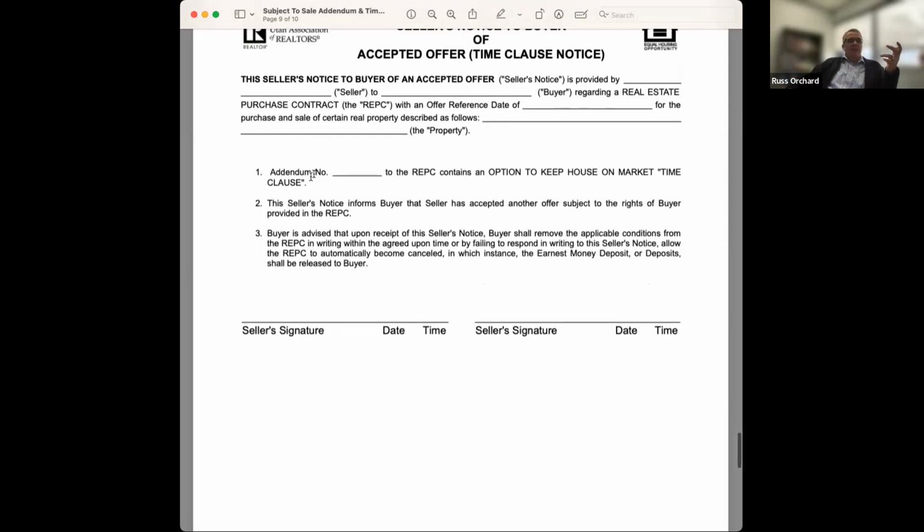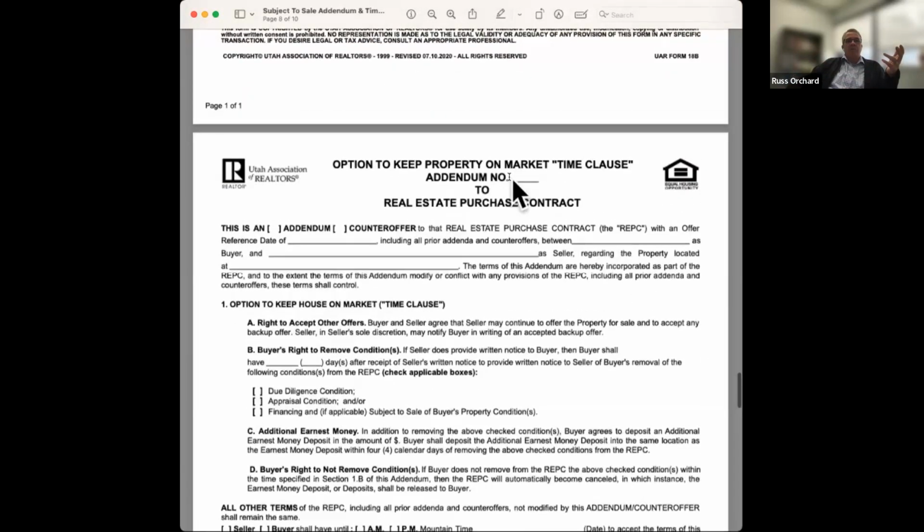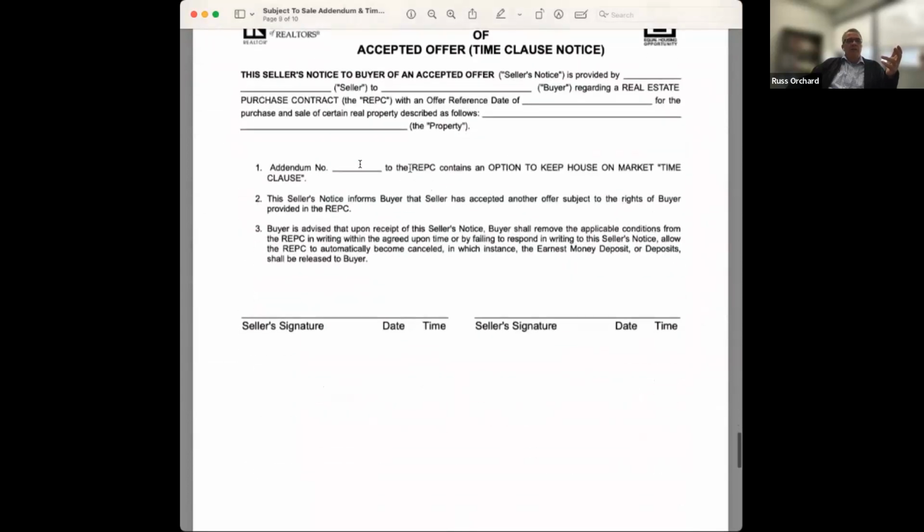And then you're going to say addendum number blank to the REPC contains an option to keep the house on the market. So whatever addendum number this was is the one you're going to list right here. So you're saying that option to keep the house on the market, or the time clause.